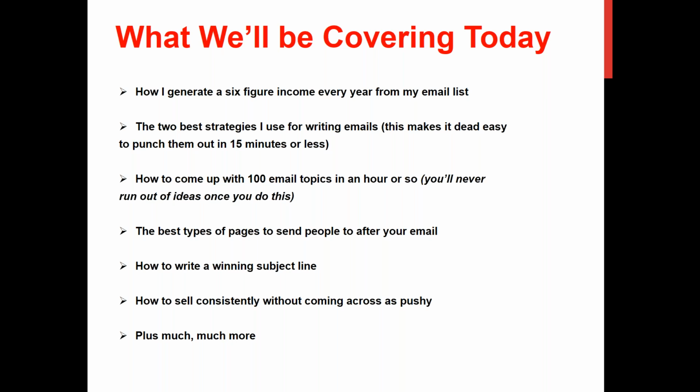We will help you overcome this. We'll also cover the best type of pages to send people to after your email, how to write a winning subject line, and how to sell consistently without coming across as pushy. Lots of great content, so stay tuned. And as I mentioned, if you've got questions as you go through, ask them, and I will make sure I answer them by the end of the call.